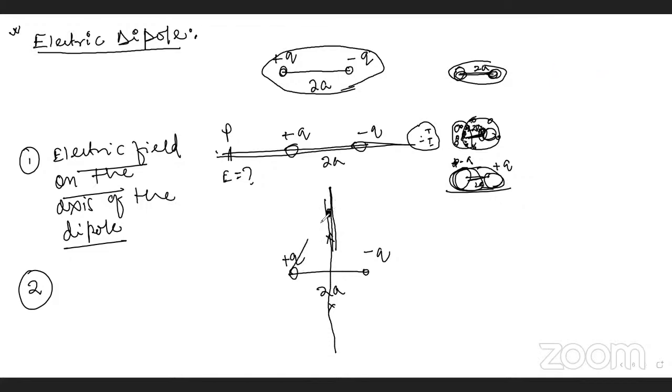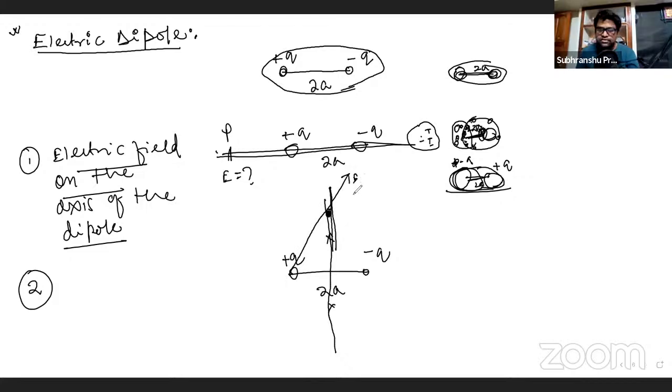From plus q, the field direction will be this, E plus q, and from minus q it will be towards it, E minus q, and we'll find their net field at a point P on the equatorial line. Equatorial means the perpendicular bisector.